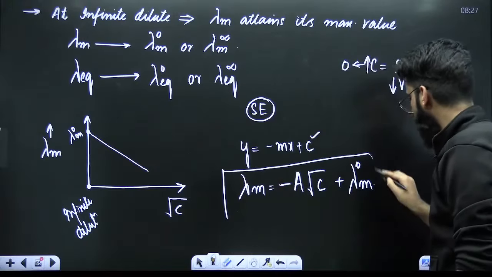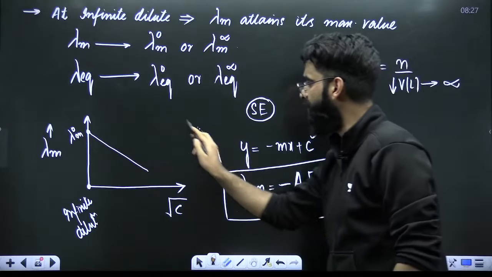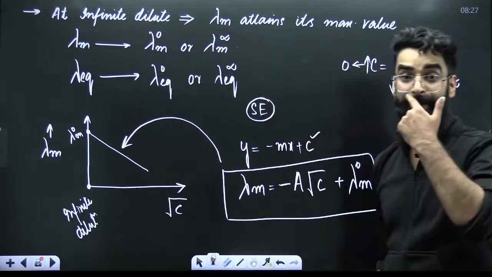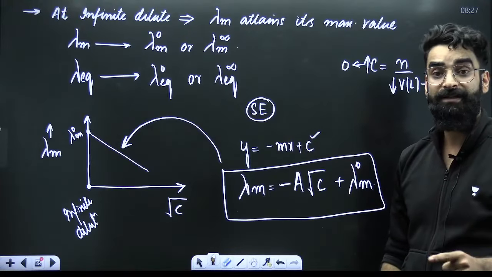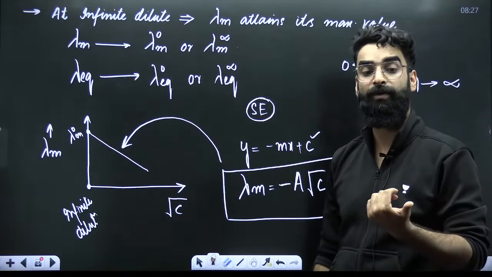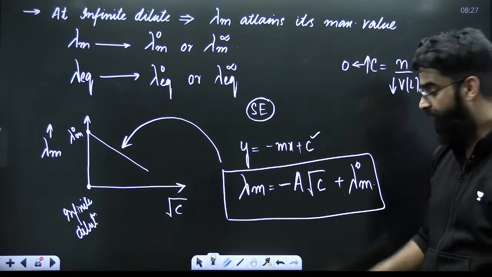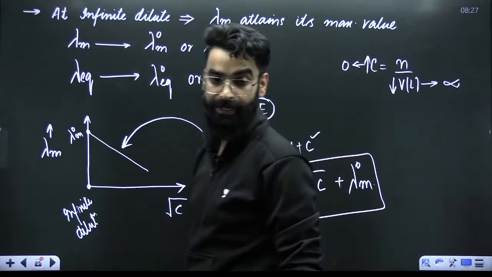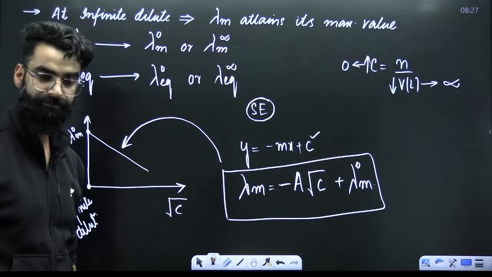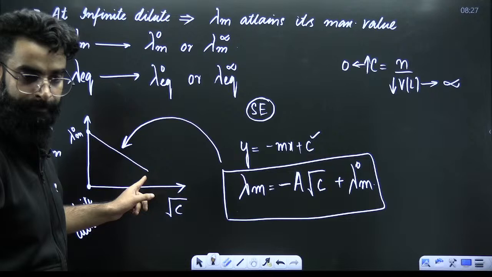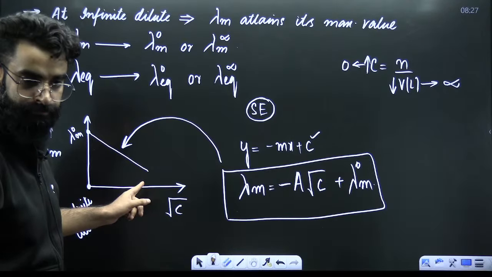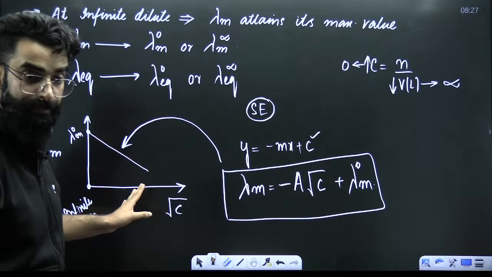This is the equation which correctly represents the behavior of molar conductivity of a strong electrolyte when it undergoes dilution. Perfect. This equation is valid for a strong electrolyte when it undergoes dilution. I hope this is clear.